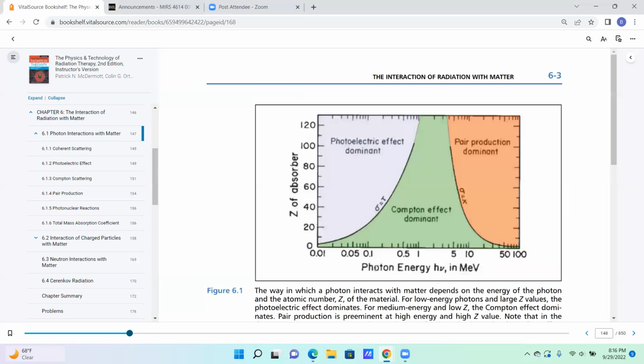Now you can see here, you've got photon energies in MV, and you've got the atomic number of whatever it's going through. If you look at the energy in this range, the higher the atomic number, you're going to see here that the photoelectric effect is really what's going to be going on. Now, if the atomic number is low enough, you can still have the Compton effect being dominantly what's going on.